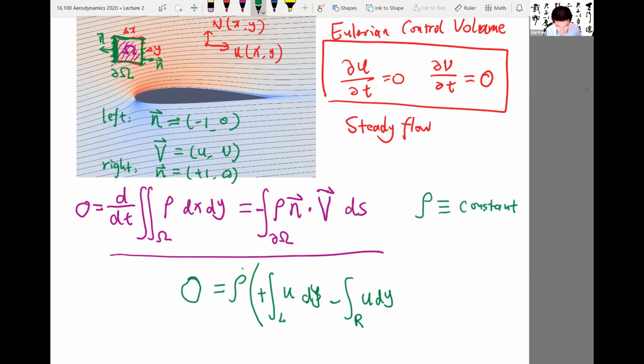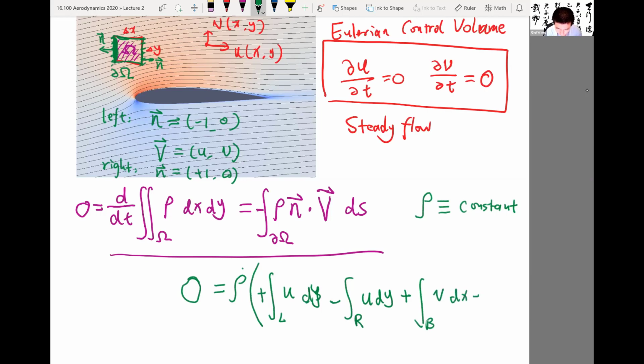And of course, we also have two other terms on the bottom and on the top of the control volume. If you look at the unit normal pointing always out of the control volume, you're going to find that on the bottom, I have the integral on the bottom of v times dx.